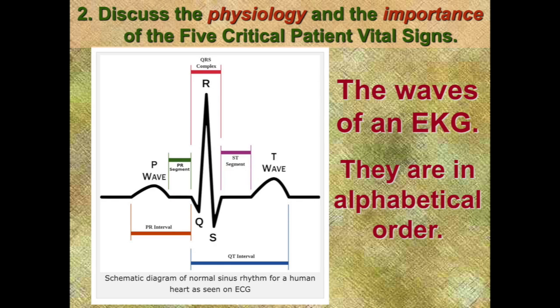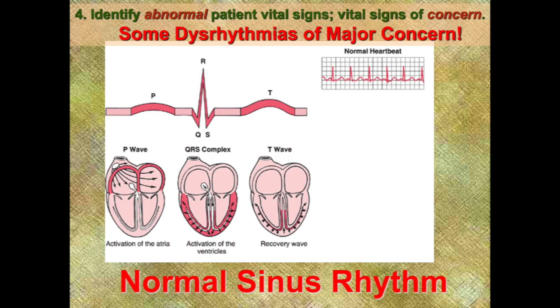Then there's the QRS complex, so PQRS, and then there's the T wave. So let's look at some dysrhythmias of major concern. I want you to know what a normal rhythm is before we go on and you are able to look at and be able to recognize lethal rhythms or bad rhythms.